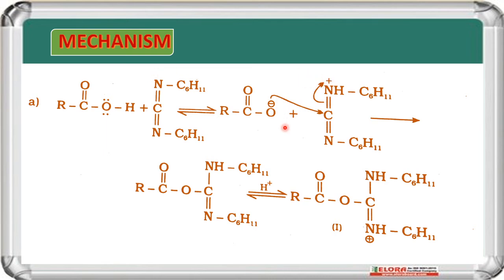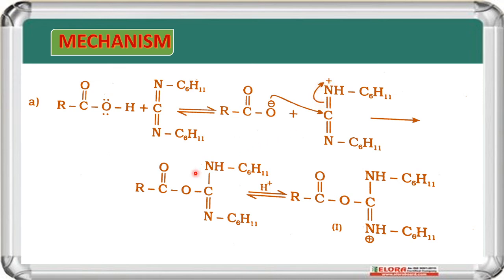And the next step in this mechanism, this O minus attacks this carbon. See here, this carbon of the DCC molecule is attacked, and this double bond is used to attack on this nitrogen. Here the positive charge is present, and it is neutralized due to the donation of this electron.